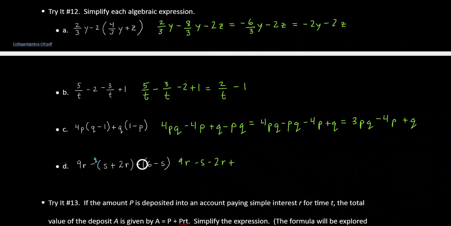If you put a 1 out front, it would just be 6 minus s. Then combine like terms. 9r minus 2r is 7r. Here's where you want to be careful. You might be tempted to say the -s cancel out, but no. A negative and a negative is -2s. So you get 7r minus 2s plus 6, and that's as much simplifying as you can do.